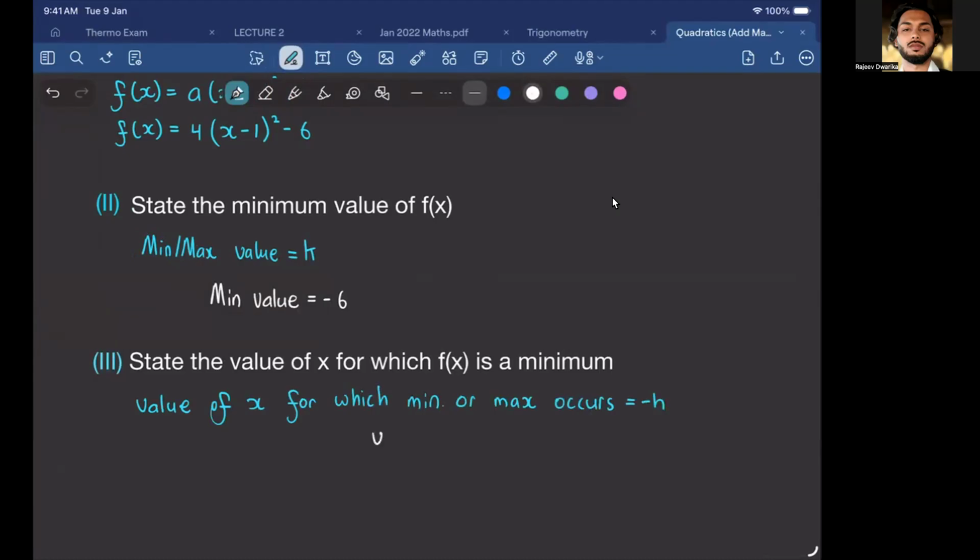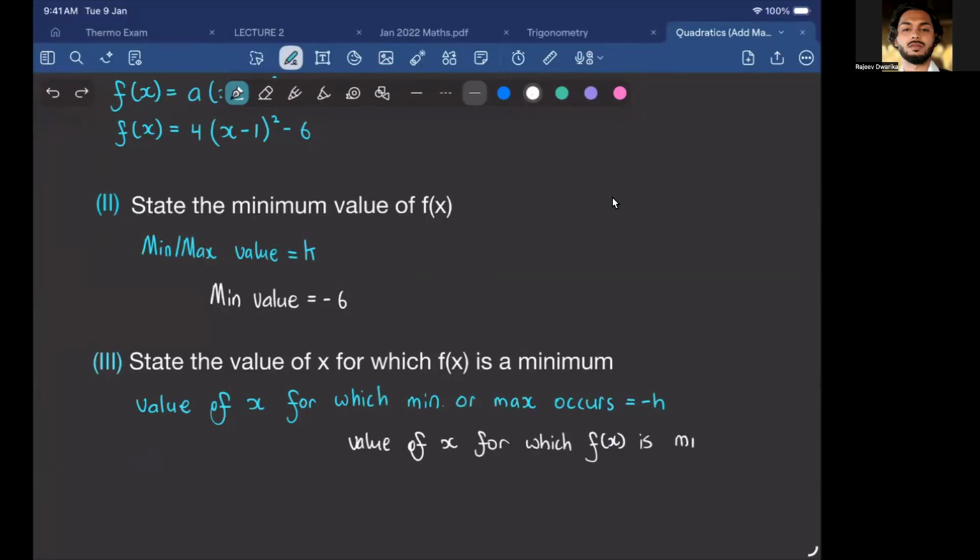So we want to find the value of x for which f(x) is minimum. And it's equal to minus h, right, guys?